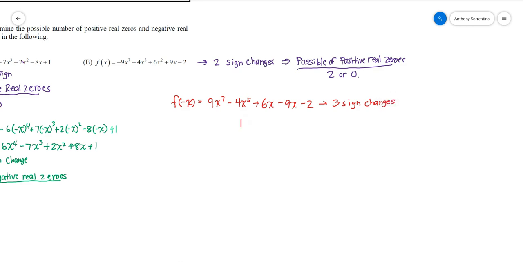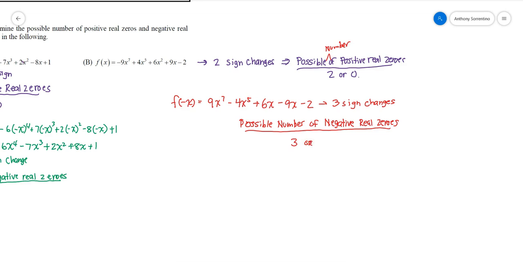And therefore, when I look at the possible number of negative real zeros, I should actually have that up here too, I could have 3 of them.